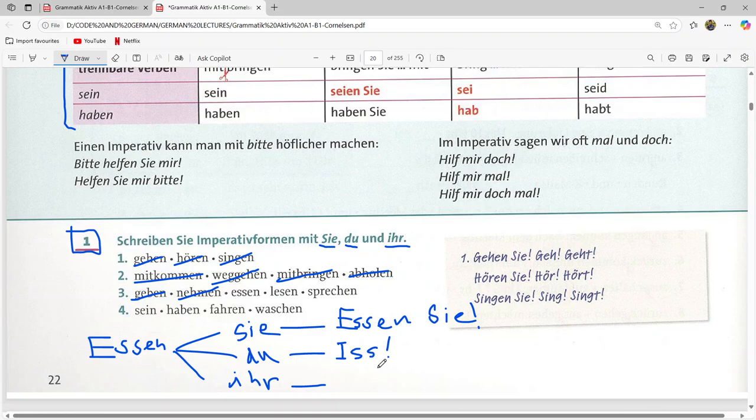Okay, this is a special case, only t is removed here. Okay, and in the er form it is isst.